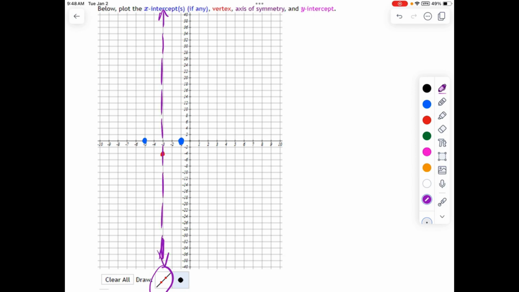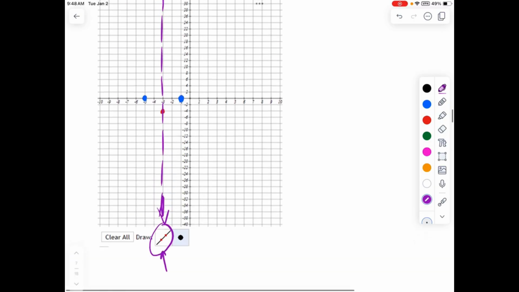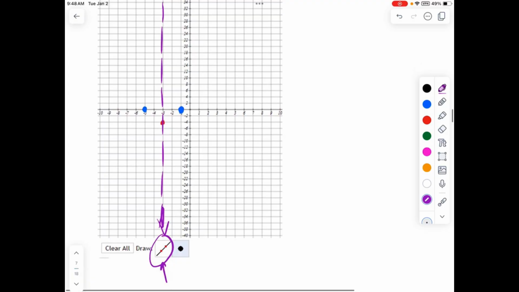Now this is actually going to be a solid line, not a dashed line. That's okay, not a big deal. When you're placing these 2 red placer dots, they are not your vertex or the x-intercepts. I mean, it can be the vertex if you want it to, but it's just 2 dots anywhere along the line.